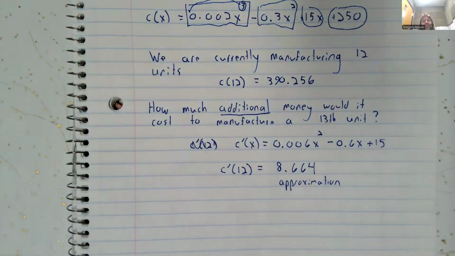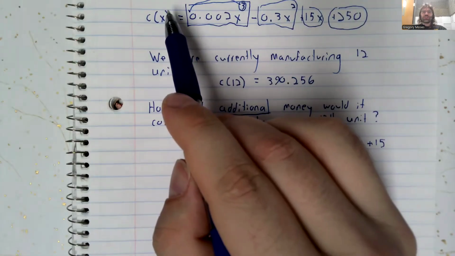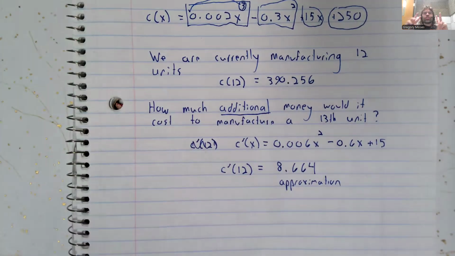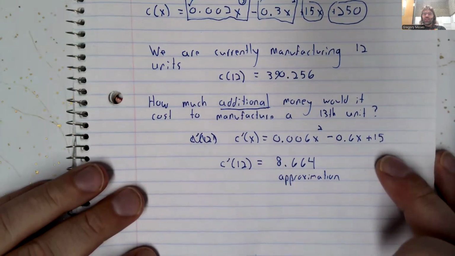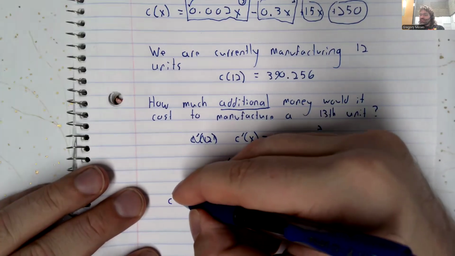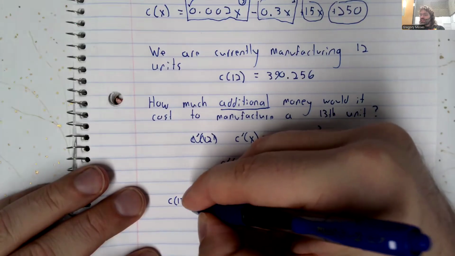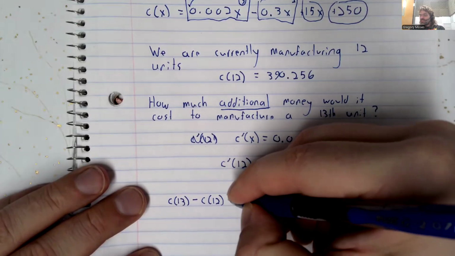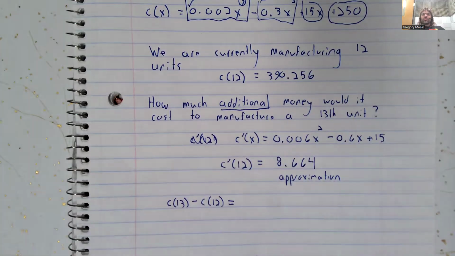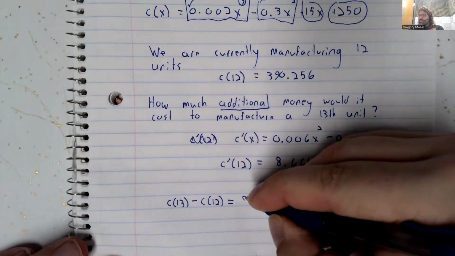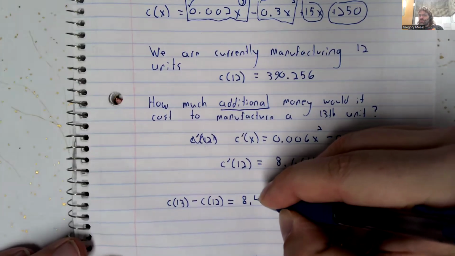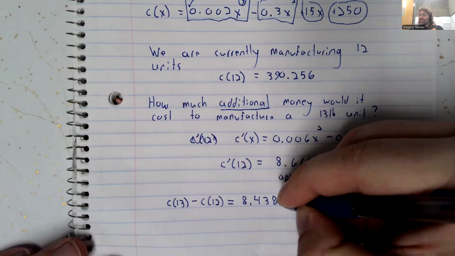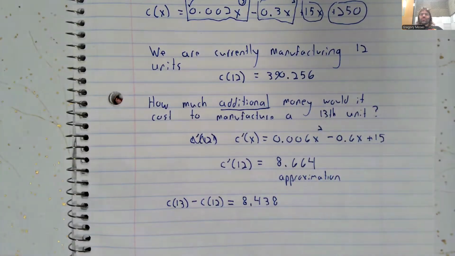In this specific case, because we have the cost function, we can check our work, as it were. We're not exactly checking it because we know it's an approximation and we don't expect to get this number exactly. But C of 13 minus C of 12 is 8.438. So quite close to the number that we have.